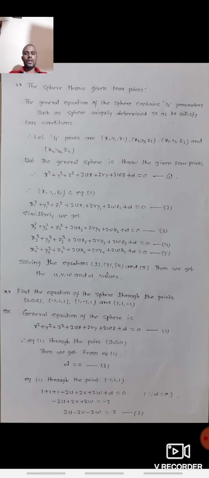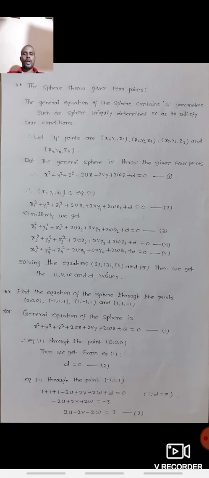Let us take it as equation 1. Equation 1 passes through (x1, y1, z1), so we get x1² + y1² + z1² + 2ux1 + 2vy1 + 2wz1 + d = 0, denoted as equation 2.